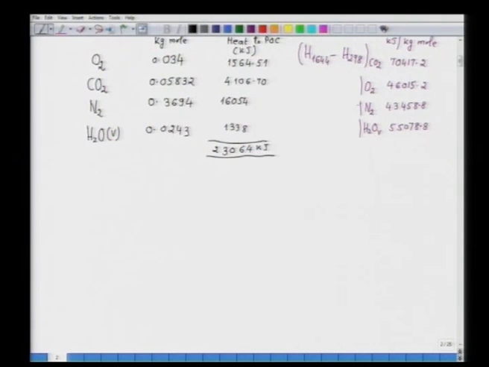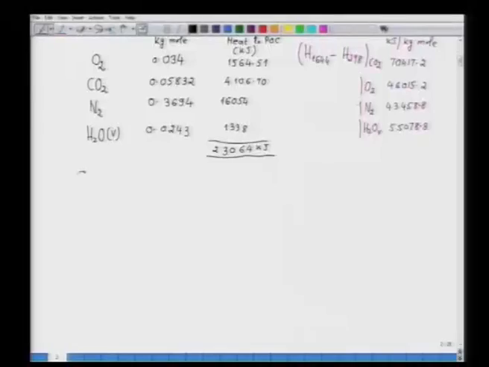The calculation of fuel consumption I had already introduced to you. We have to calculate the gross available heat per kg of the fuel.